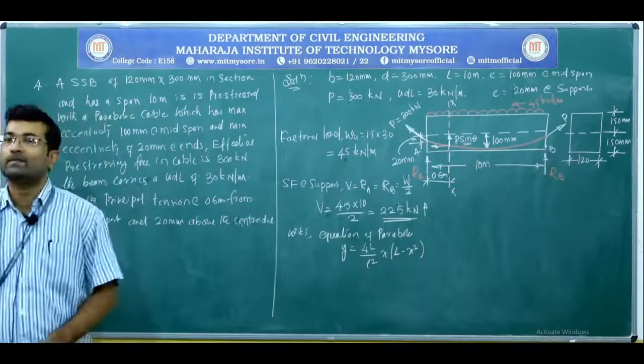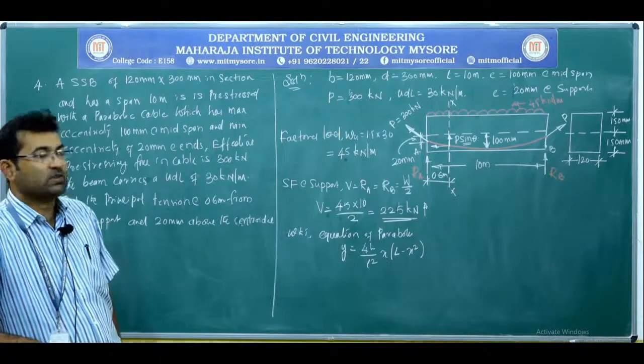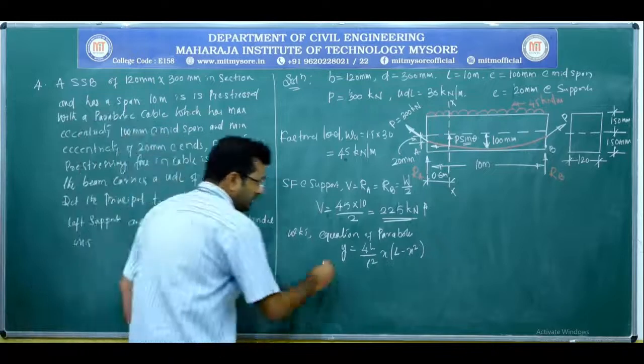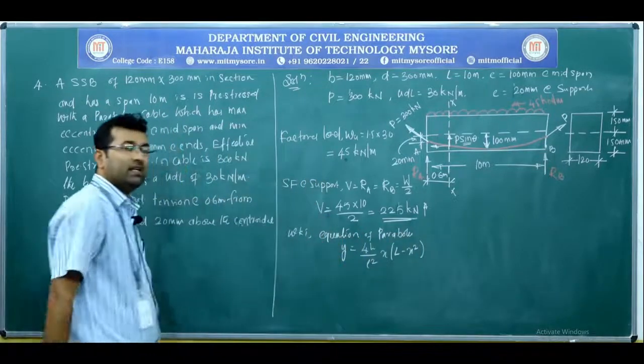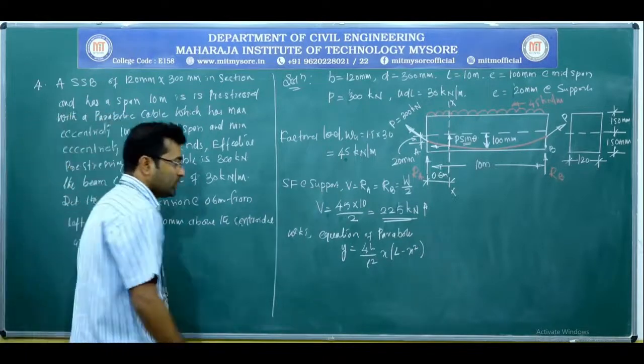So this is the equation of parabola. But what we need is the slope of the cable. So I need the theta value. If I differentiate this equation with respect to x, then I will get the slope.